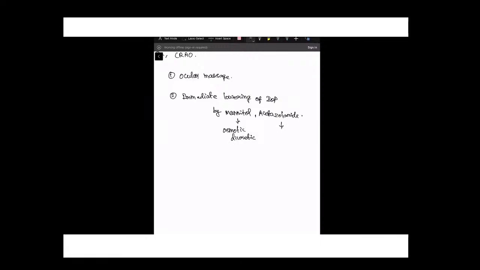What about acetazolamide? What drug is it? Anyone? It's a carbonic anhydrase inhibitor.